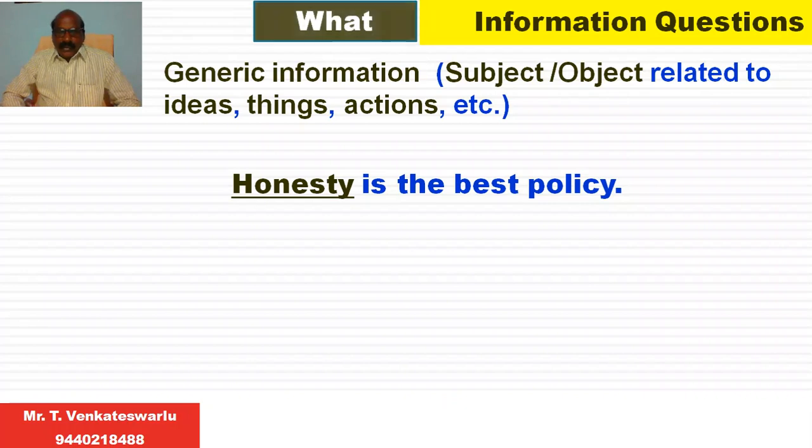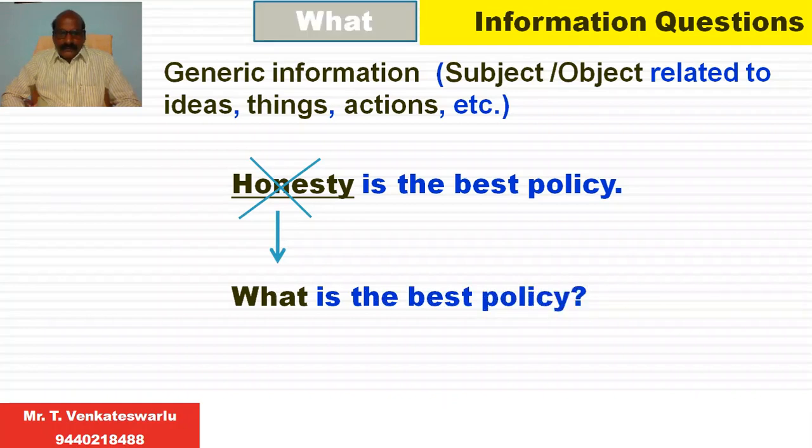To frame the information question, the underlined part, which is used as the subject in the sentence, is replaced by the question word what. Then we get the information question: What is the best policy? And the underlined part is generally deleted.